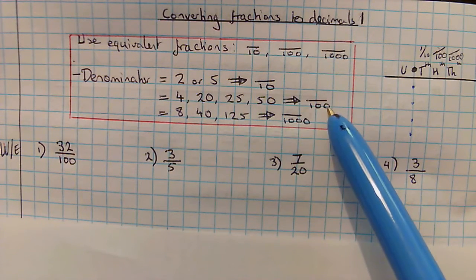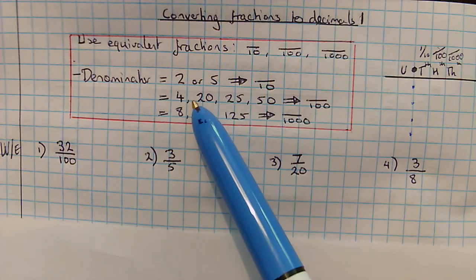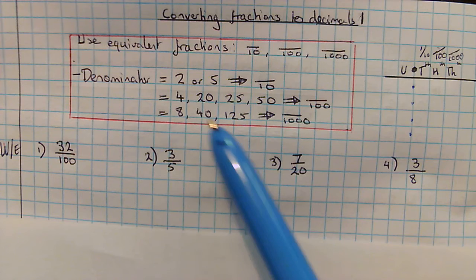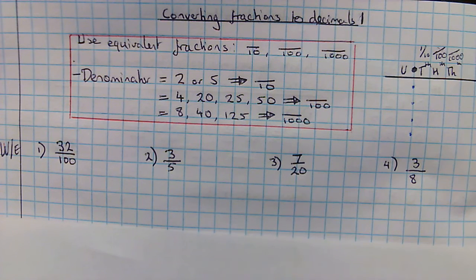If we're looking at converting something into hundredths, we're looking at denominators of 4, 20, 25 or 50. And if we're looking at 8, 40 or 125, we're trying to get up to 1000, because 8 times 125 gives me 1000.